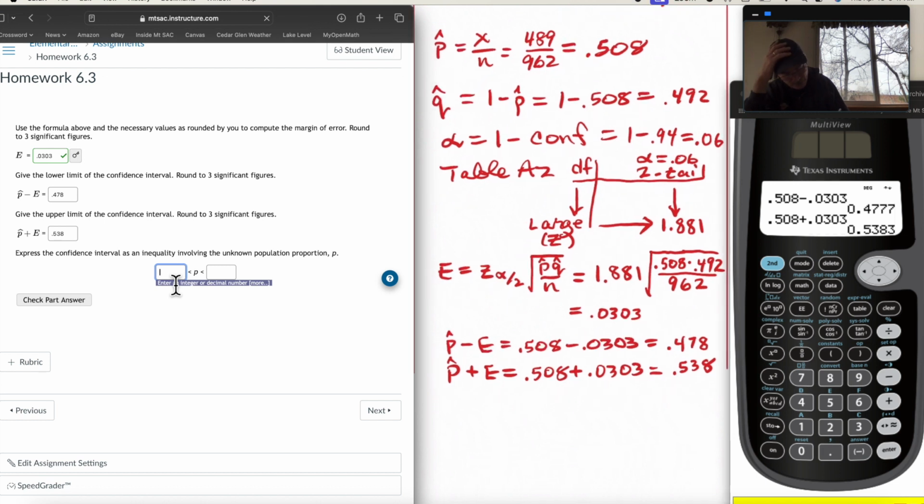We always say that P is between these two numbers, and we're only 90, I think 90 whatever percent confident, 94% this time.